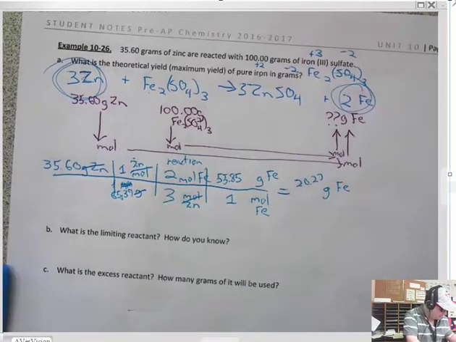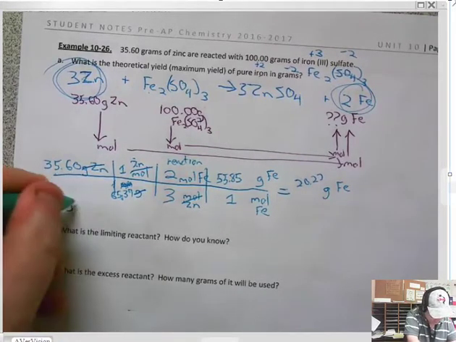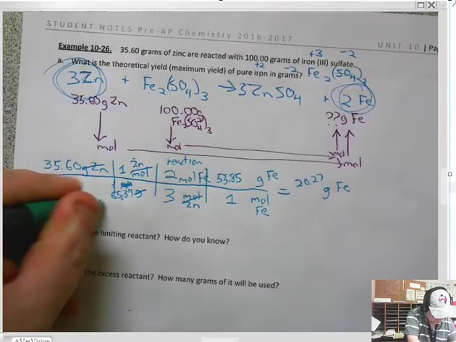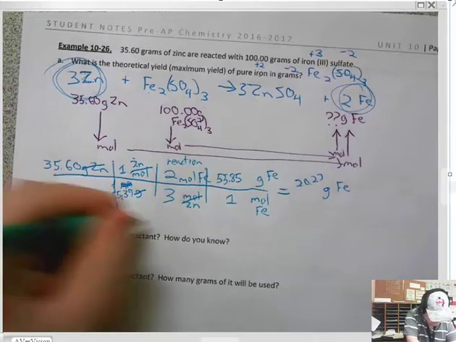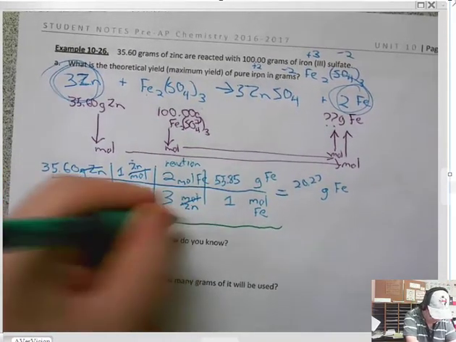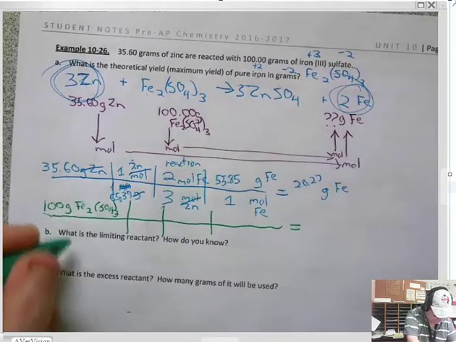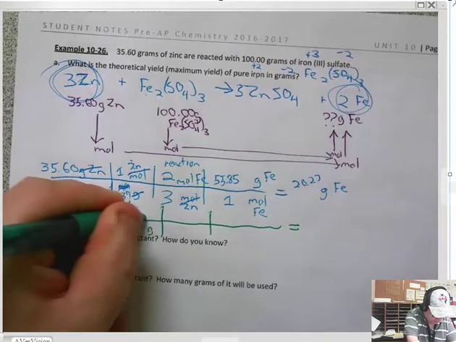Okay, now we have to do our other stoichiometry here, which is 100 grams of iron 2 sulfate, or iron 3 sulfate, sorry. And we draw our T-chart here. Grams on the top, grams on the bottom. What are you going to convert to?